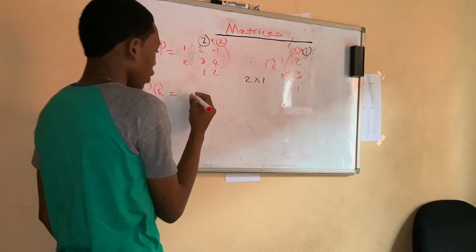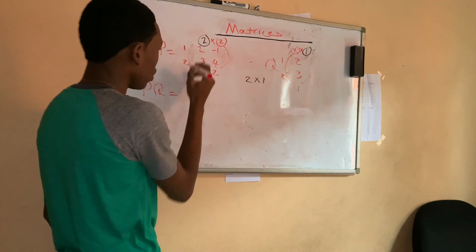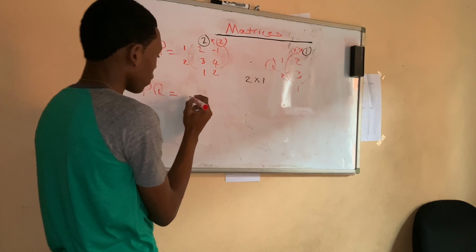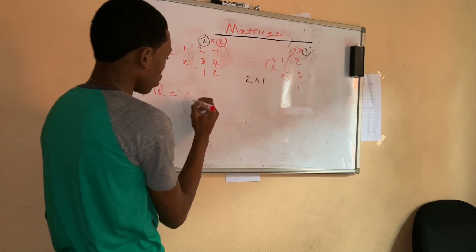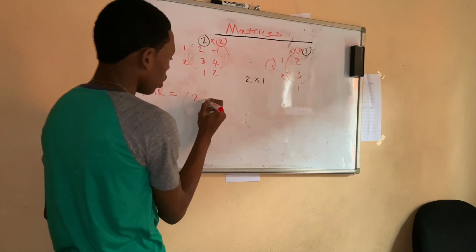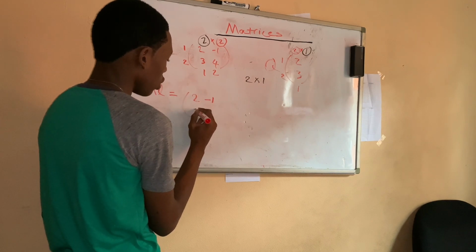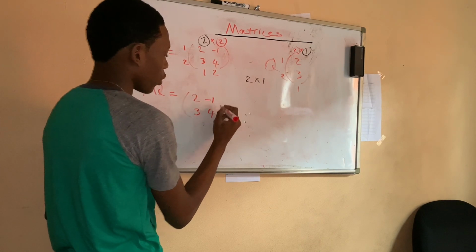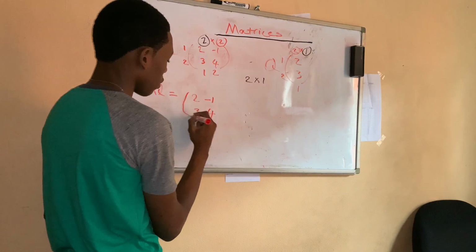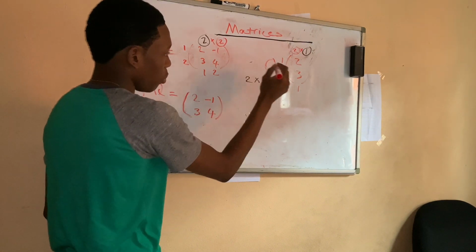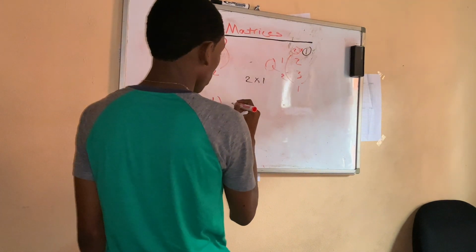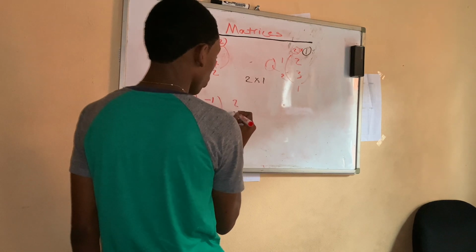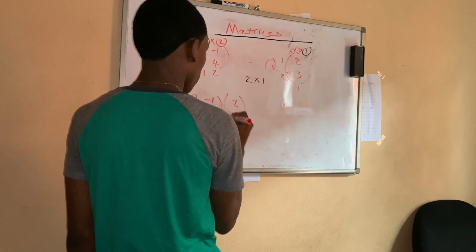First, you put down matrix P, which is 2, -1, 3, and 4. And then put down matrix Q, which is 2 and 3.